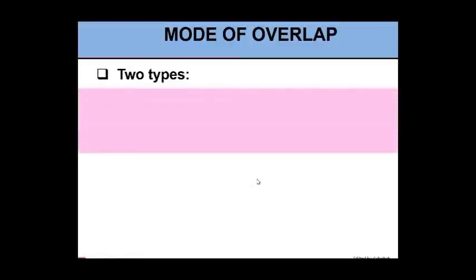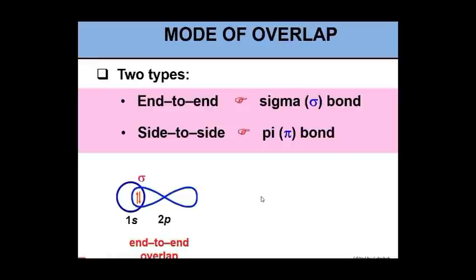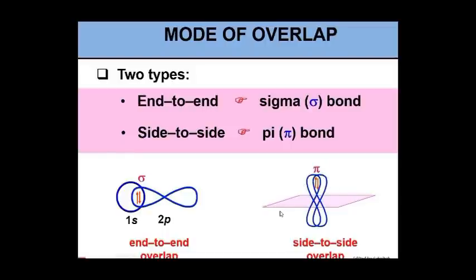Mode of overlap. If end-to-end overlap, we call it a sigma bond. If side-to-side, it is a pi bond. The side-to-side overlap must be parallel to each other.